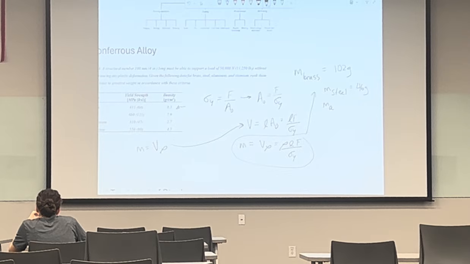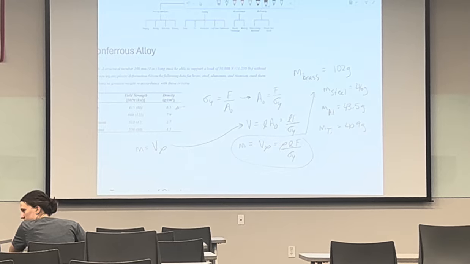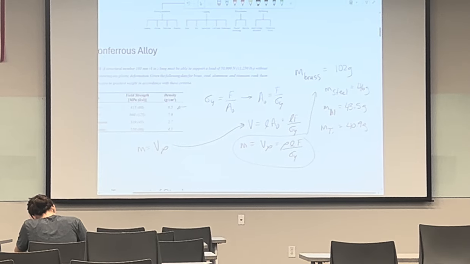I believe aluminum is on there, but instead of writing out aluminum, I'll just say this, which is about 43.5 grams. And the mass of the titanium is going to be about 40.9 grams. As we see from all the values that we wrote down, titanium is going to have the minimum weight or mass, followed by aluminum, steel, and brass. So from least to greatest, this would be 1, 2, 3, and 4.